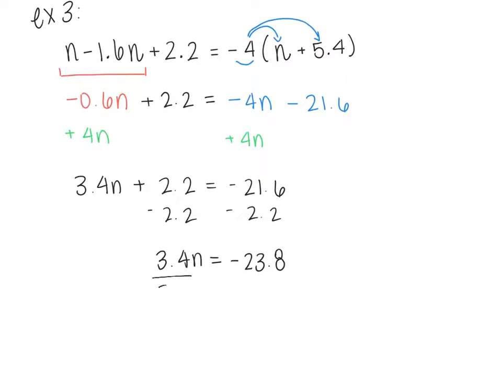And then I'm going to divide by 3.4. So I get out n equals negative 7. So you could check it again by plugging in negative 7 and seeing it gives you the same thing on the left and right.